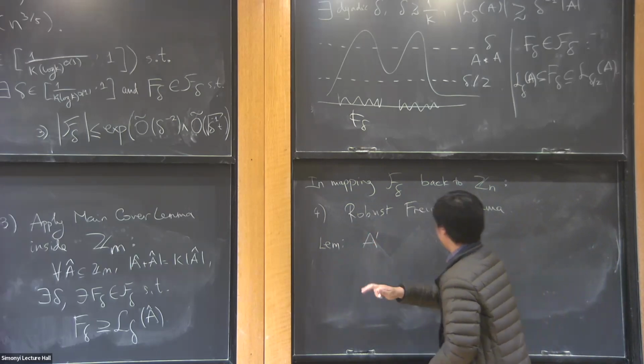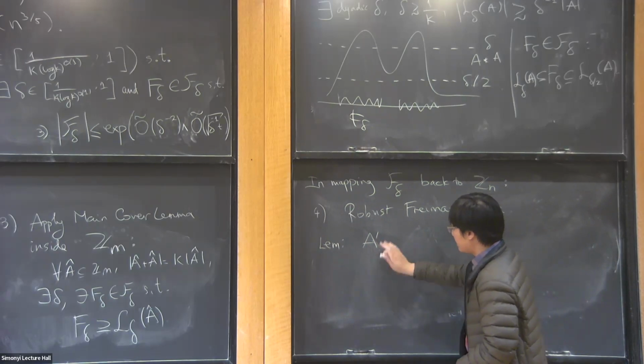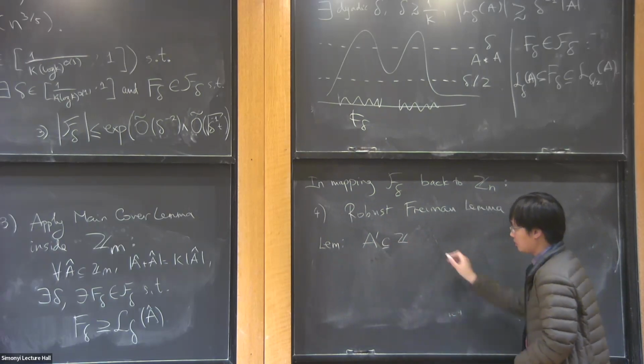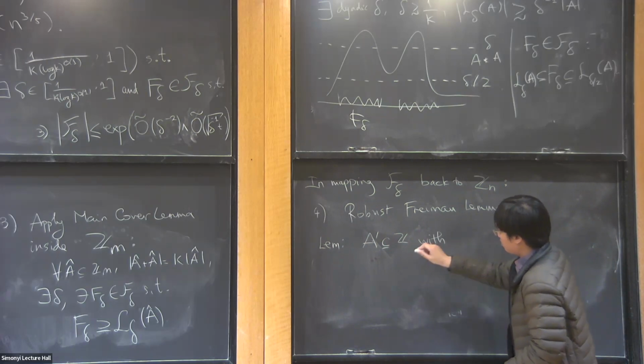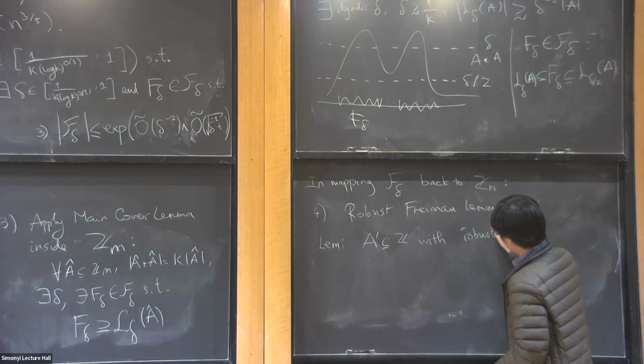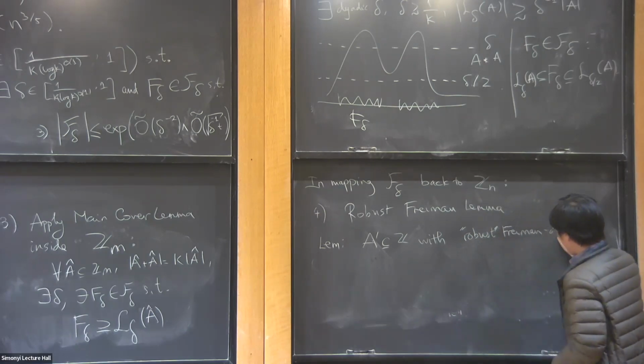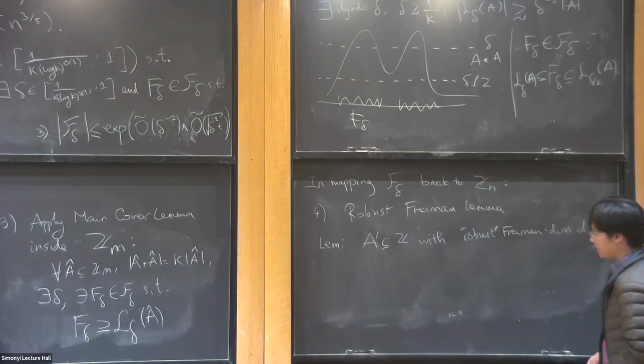So just write it and I'll explain what the terms mean. So let's say that I have a set of integers A prime with robust Freiman dimension d. Okay, I need to explain what it means to have Freiman dimension d.